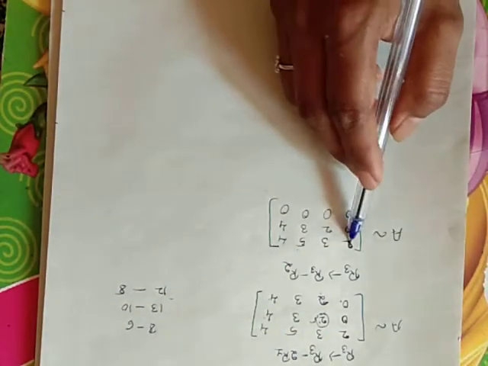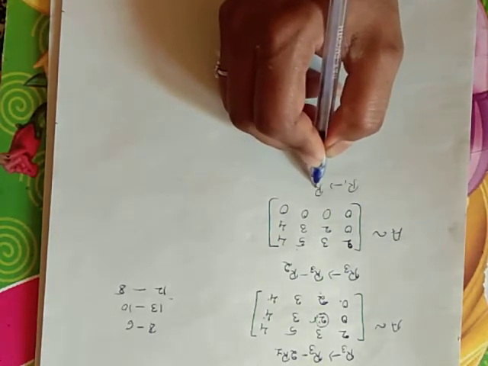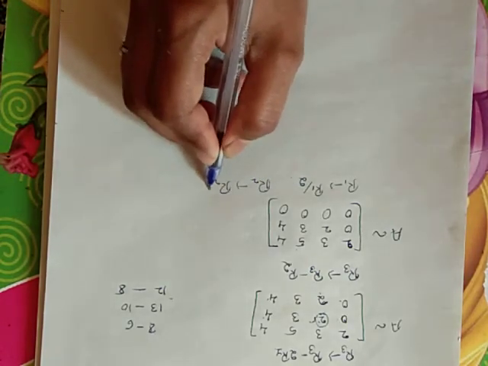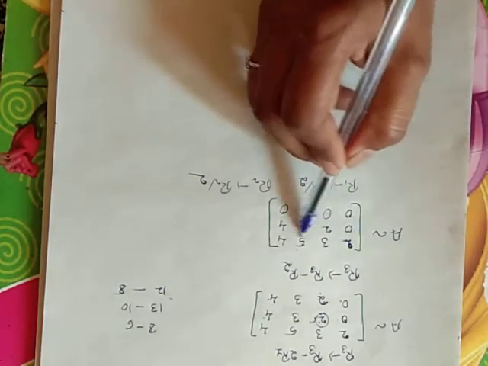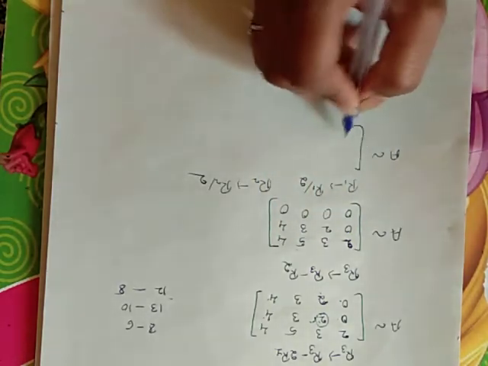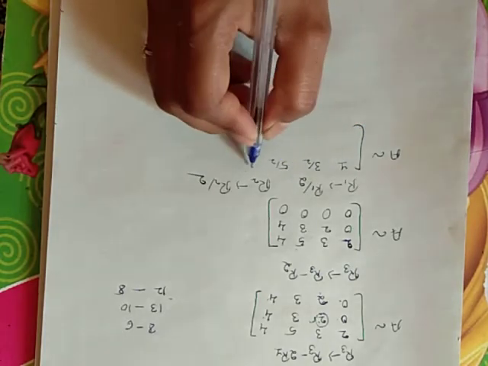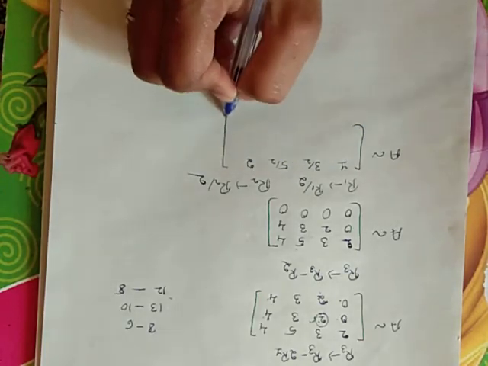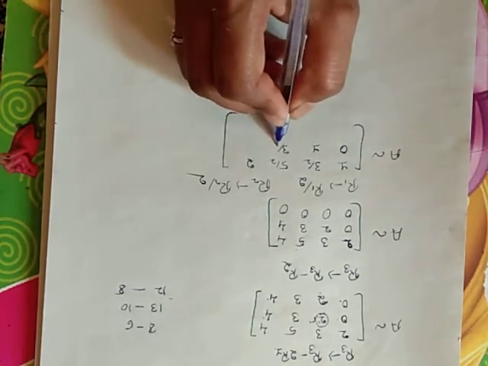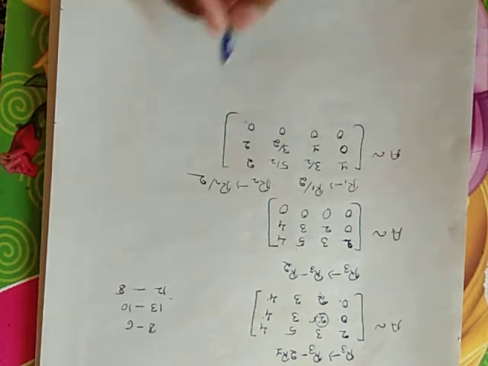To do that, take the transformation R1 tends to R1 by 2 and R2 tends to R2 by 2: divide this entire row by 2 and this entire row by 2. Now your matrix is equivalent to 1, 3 by 2, 5 by 2, 4 by 2 is 2; 0, 2 by 2, 3 by 2, 4 by 2 is 2; 0, 0, 0, 0.